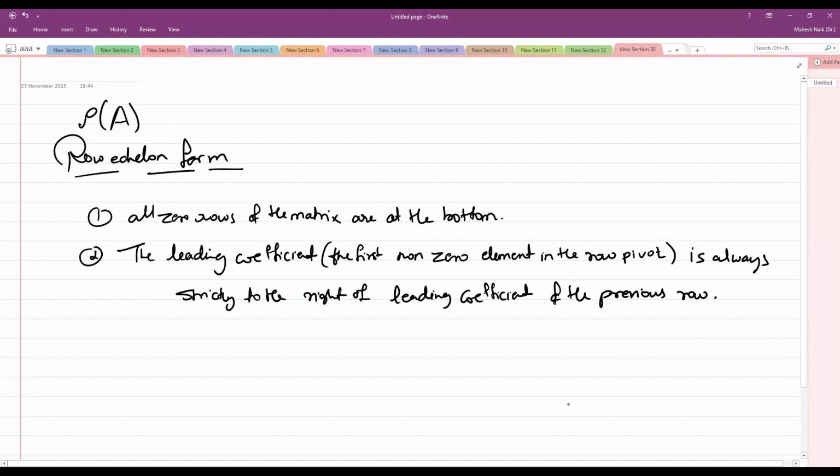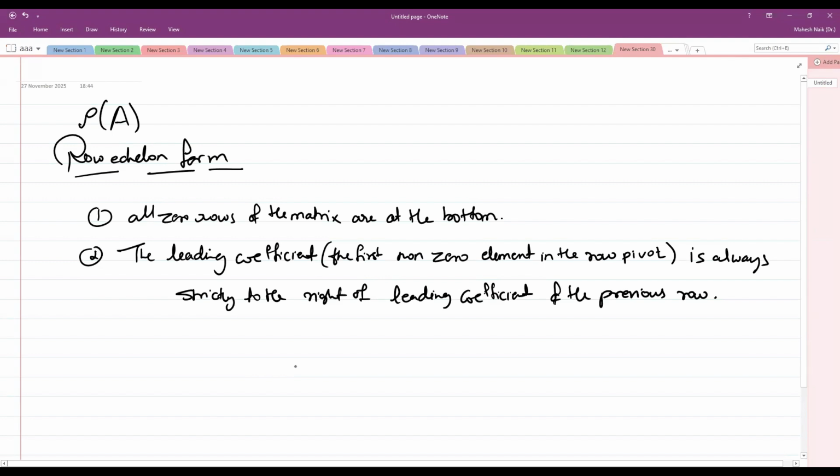Once the matrix has these two conditions met, it will be in row echelon form, and we will be able to talk about the rank of the matrix. The number of non-zero rows when the matrix is in row echelon form will be termed as the rank of the matrix.